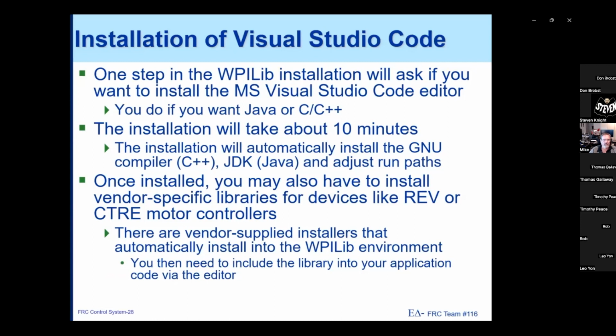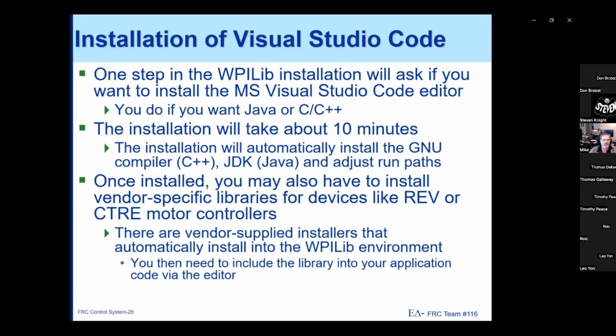This, of course, does run across all the environments, Windows, Mac OS, and Linux. But Visual Studio Code Editor will then host the WPILib extension, and this extension will then allow you to build code and deploy code over to the robot as well as debug code.